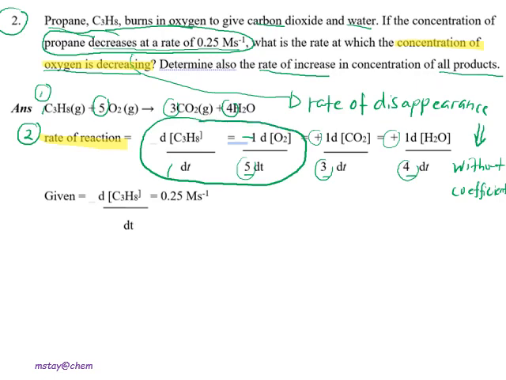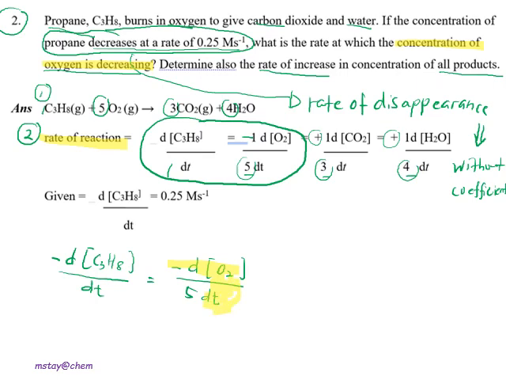So I'm going to write negative dC3H8 over dt equal to negative d concentration O2 over 5 dt. Like we mentioned just now, the rate of disappearance is always without the coefficient. So in this case we only need to find this part.